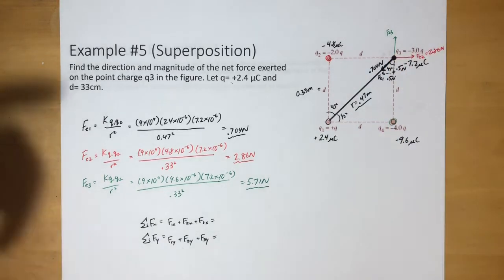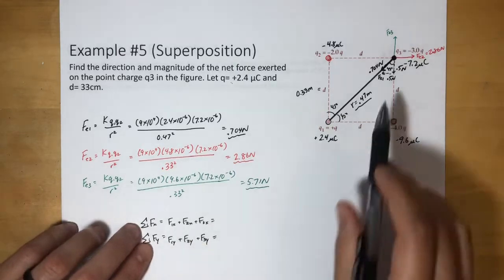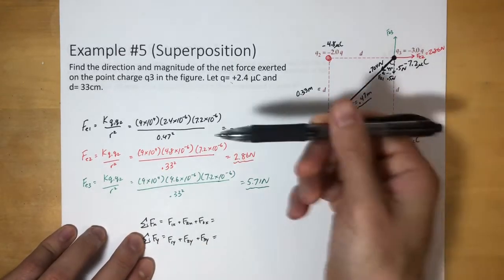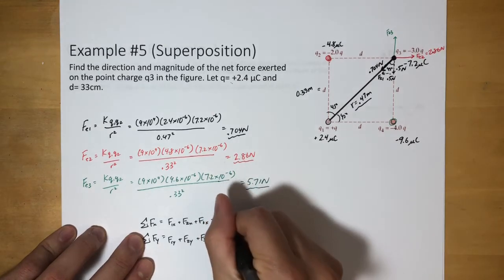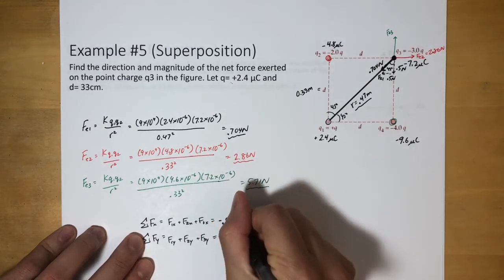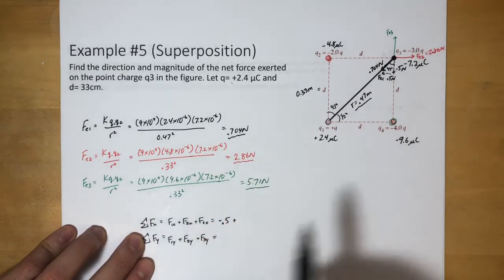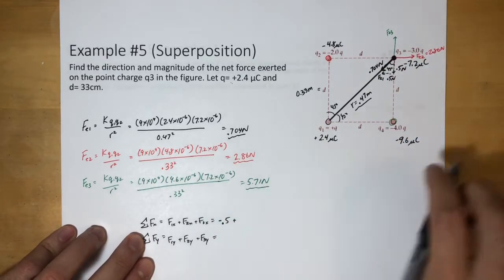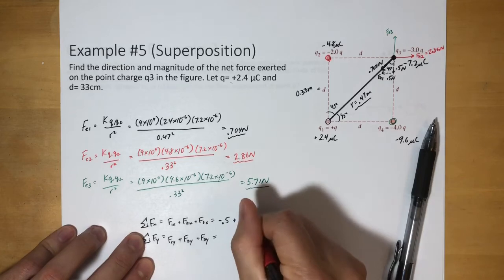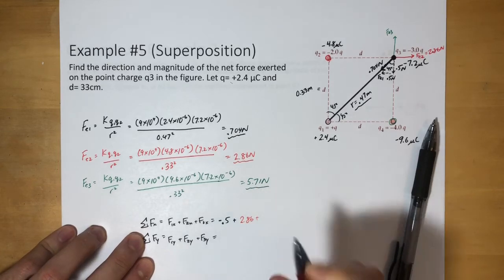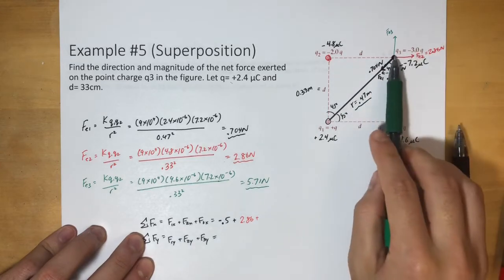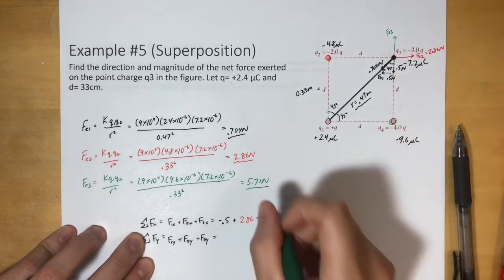Okay, so now that we know all that, let's plug it in. F1x is going to be negative 0.5 because it's pointed to the left. So it's going to be negative 0.5 newtons plus F2x. So let's do F2x is 2.86. Maybe I'll do that in red. 2.86 plus F3x. And we see that actually F3 is only going up, so this is just going to be 0.